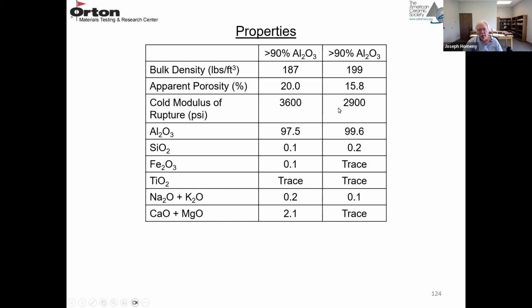This one's over 3,000. This one's almost 3,000 PSI. I just mentioned the alumina contents. And then you can see, especially on this one, a lot of these impurities are a trace. So there's going to be basically alumina crystals, a lot of direct bonding. And either one of these, this one will have a little bit more glassy phase present in the grain boundaries.